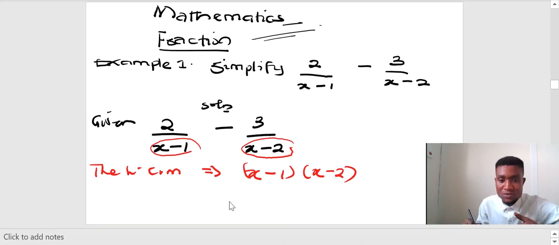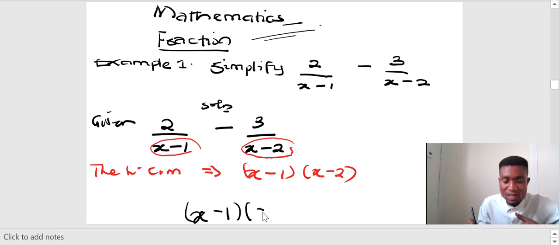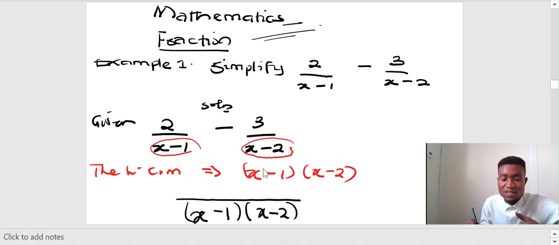When you do that successfully, this is how it's going to look: x minus 1 multiplied by x minus 2. Now we divide this LCM by the first denominator.